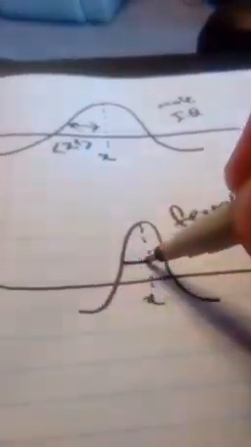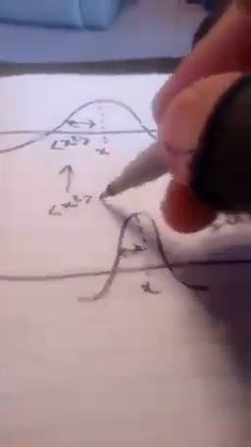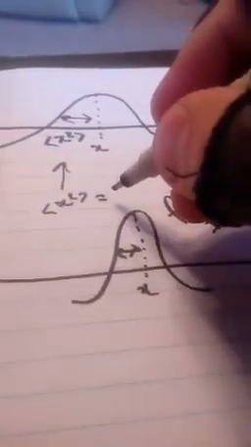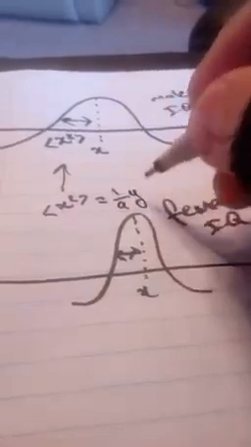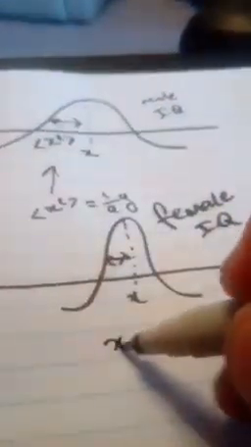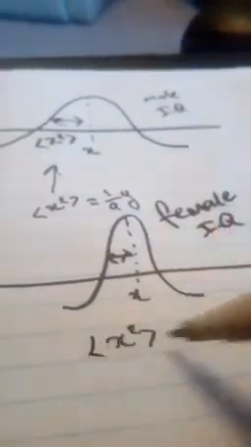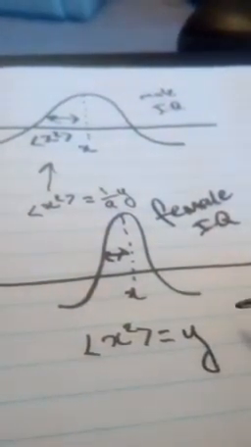So in other words, up here the variance equals, let's just say, 1 over a y, higher IQ. And here the variance equals just y. What have I done?